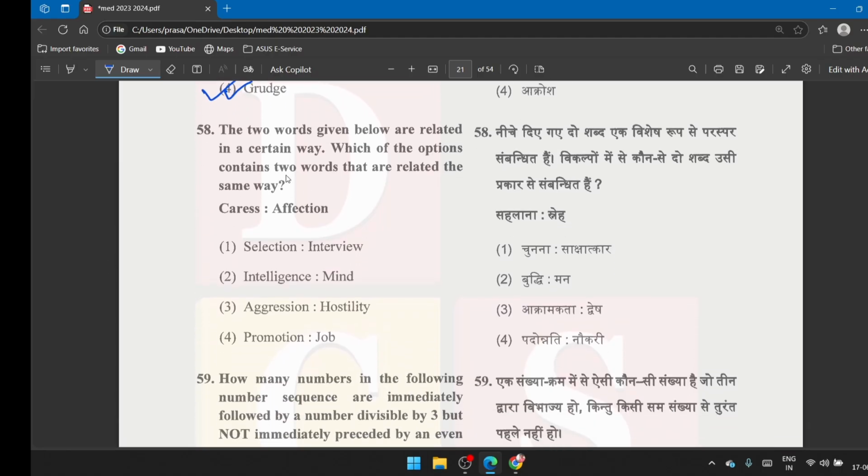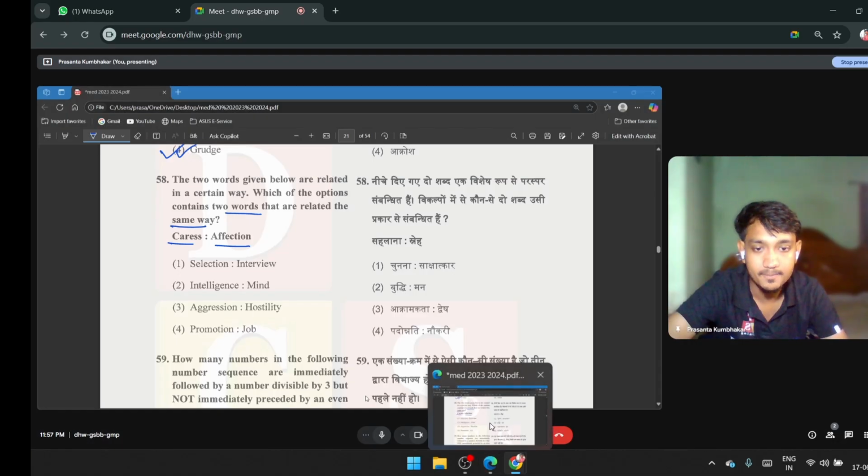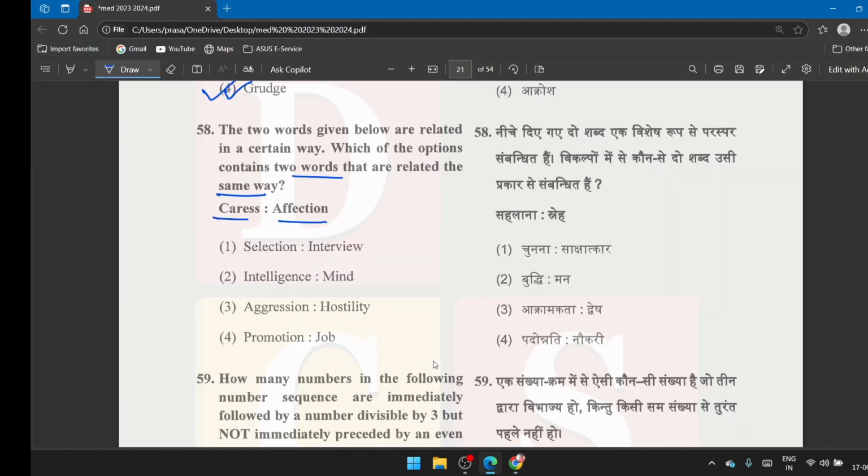Which of the options contains two words that are related to the same way? Careless and affection. How careless and affection is related? Careless is a physical act that expresses the emotion affection. Okay.